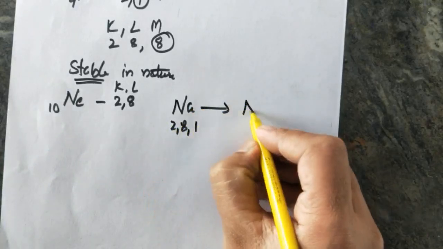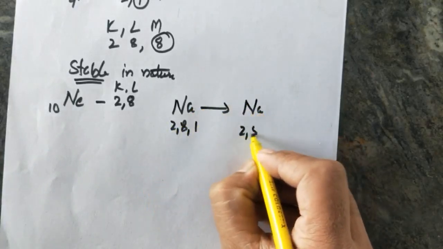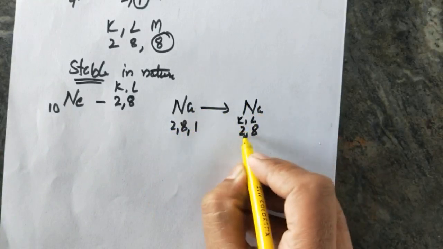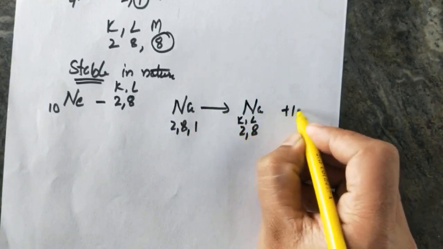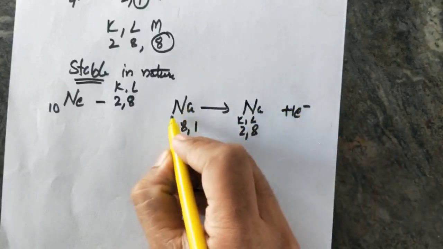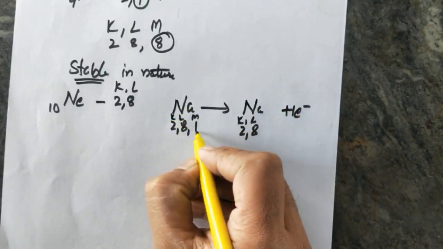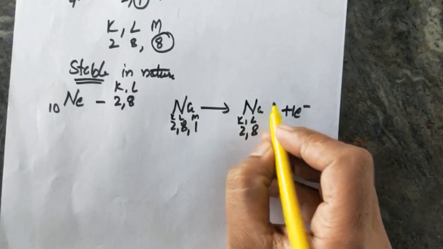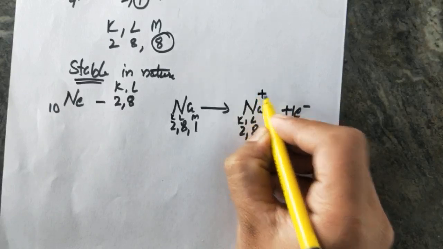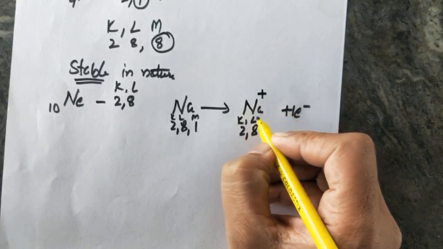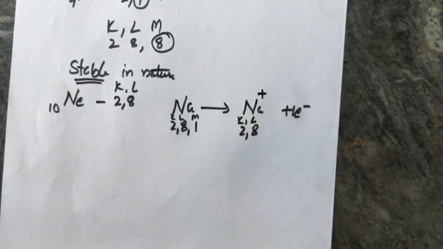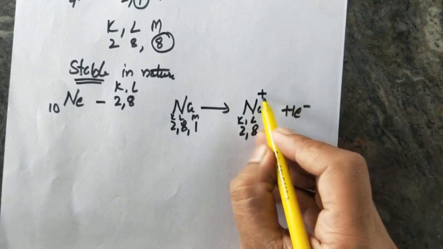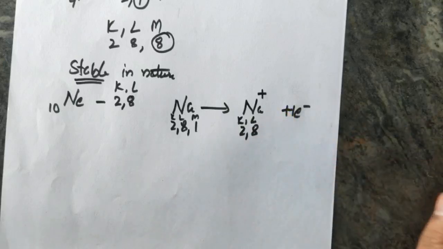After losing 1 electron, its configuration will become 2, 8, since it has lost the electron from the last shell, the M shell. Since ions are formed by gaining or losing electrons, and the electron is negatively charged, those atoms which lose electrons acquire a positive charge because the electron is going away.